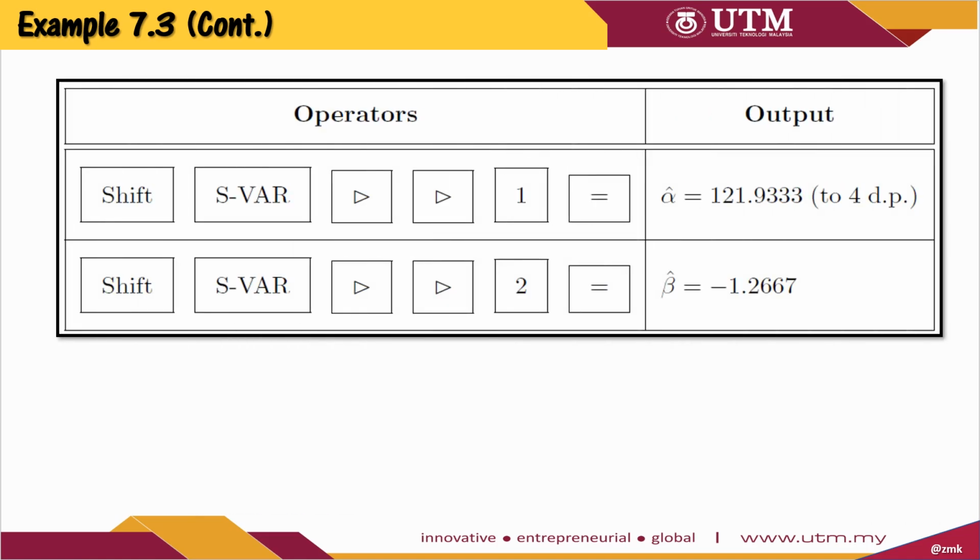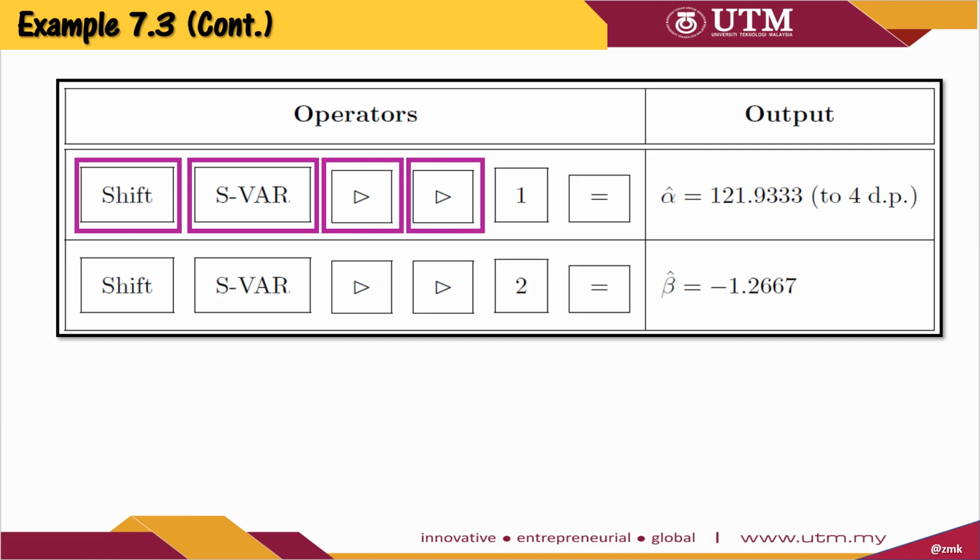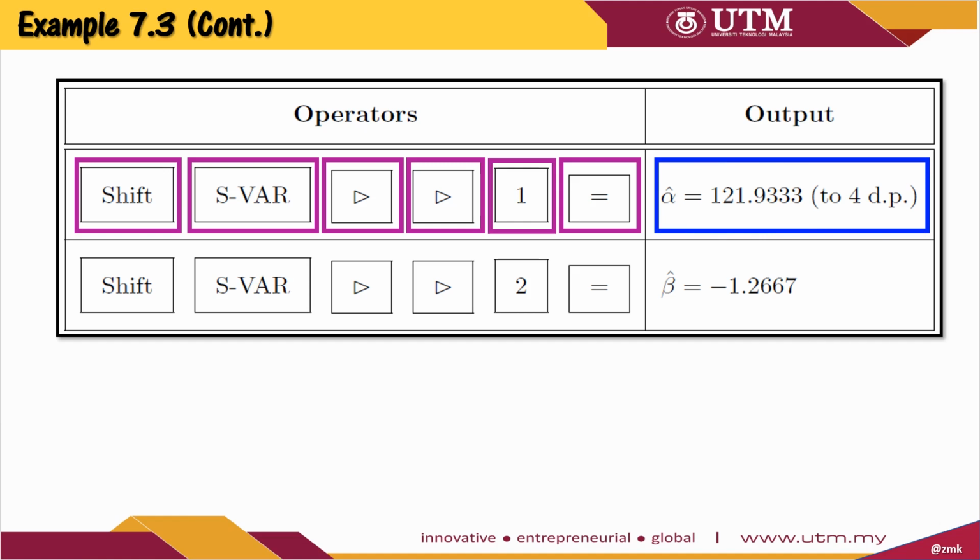It begins with pressing the shift button followed by the number 2 button, which has S-var above it, and then press the arrow button twice, followed by pressing number 1 button and then the equal button, which gives you the estimated alpha value denoted by capital A in the calculator, given by 121.9333, which is correct to 4 decimal places.